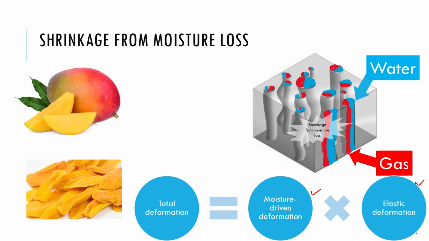So the moisture loss calculated from the heat and mass transfer model described in the previous slide feeds into this physics, and from here we can get what is the change in size. This is a mechanistic way of obtaining the deformation.